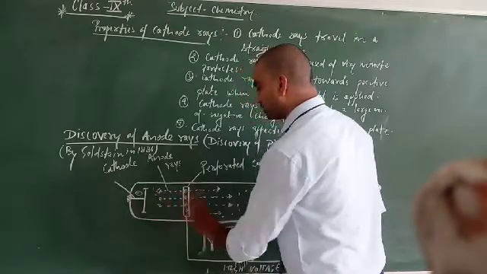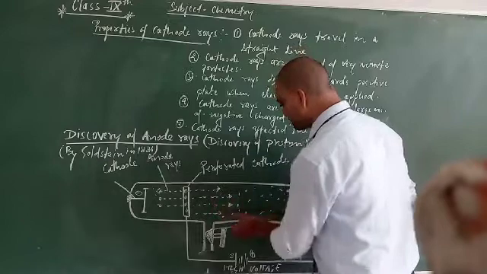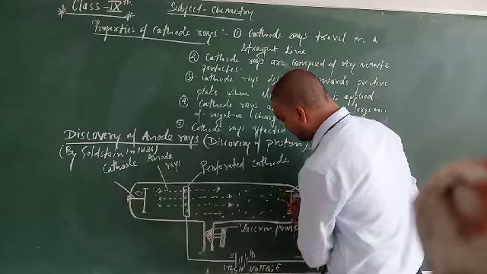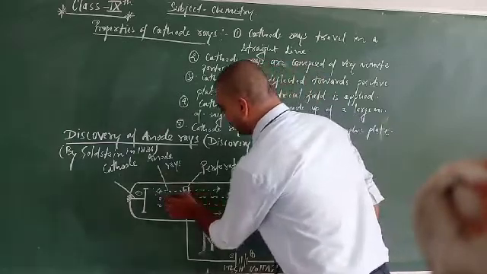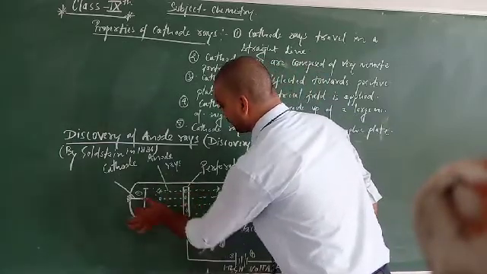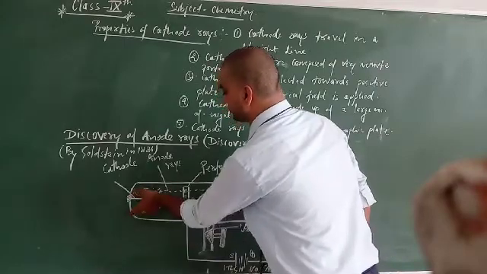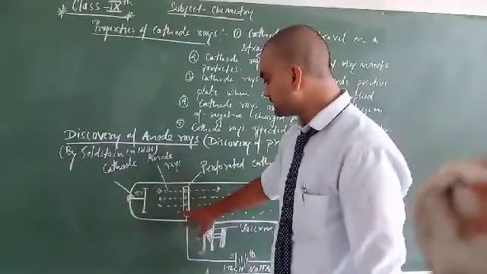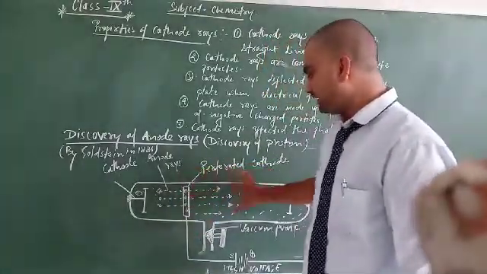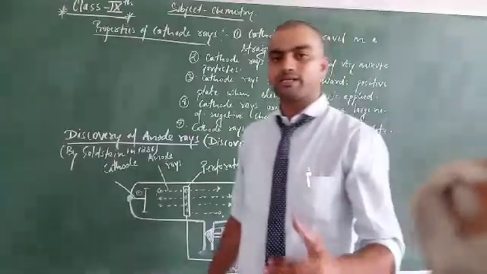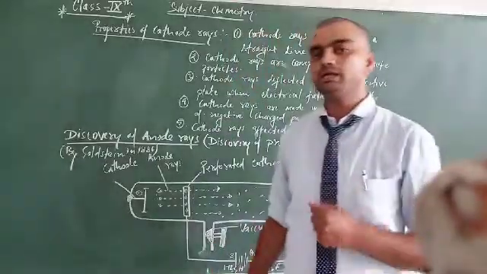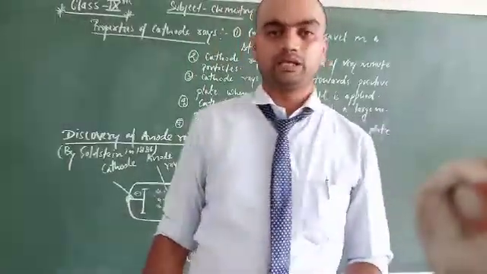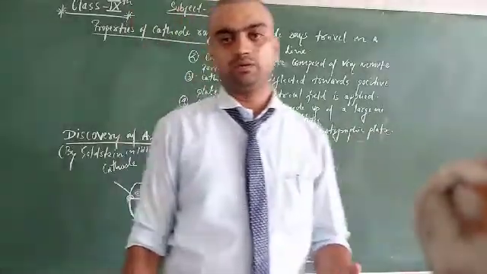Clear? No cathode rays will go through here, because there are holes, and when the anode rays originate from this side, they pass through the holes and fall just behind the wall of the cathode and produce some fluorescence or light. So this is the anode rays, and in this way the anode rays were discovered by Goldstein. Clear? And the credit for the discovery of the anode rays is given to Goldstein first of all.